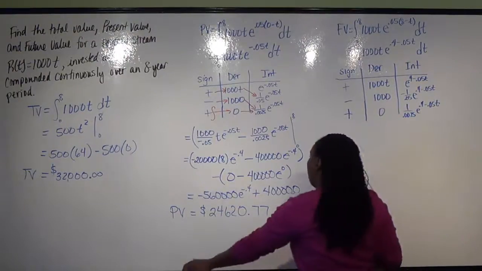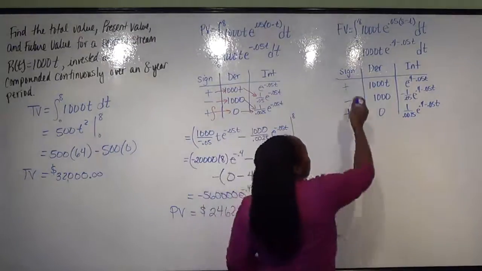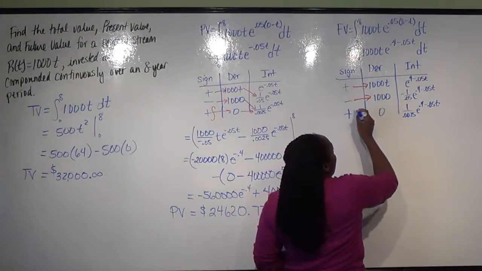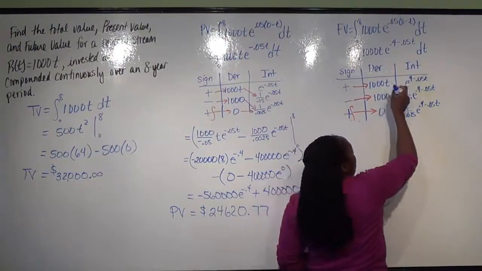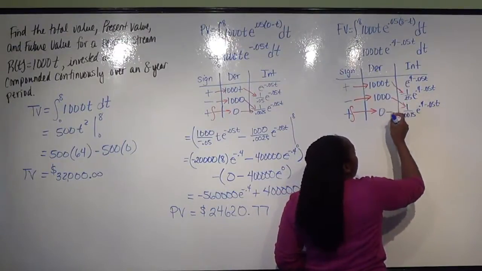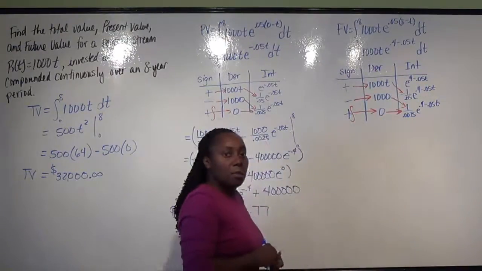And to get our antiderivative, we're still going to use our rows. So straight across and diagonals, last line, integral of 0.